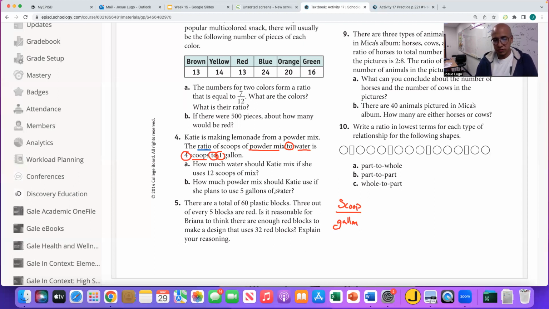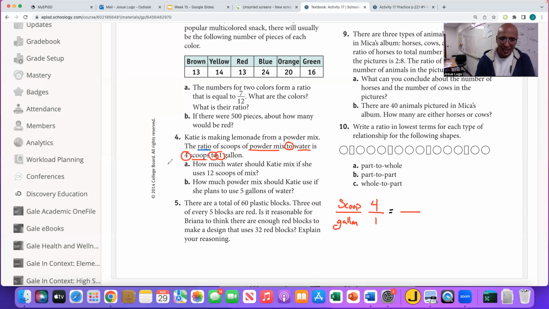And that ratio of scoops to gallons is 4 scoops for every 1 gallon. So notice that I'm working sideways. And I'm just making fractions, and anything having to do with scoops is going to go on the top. Anything having to do with the water is going to go on the bottom. All right, so now we're going to use this pattern, this formula for the following problems.